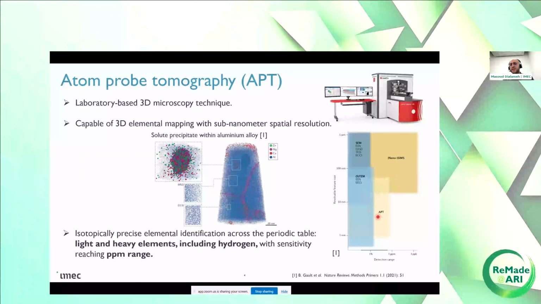If you compare detection sensitivity versus resolvable feature size, atom probe stands somewhere at the bottom right of the figure. In terms of spatial resolution, atom probe is quite close to transmission electron microscopy, though not as good, but the strength is in the detection range, the sensitivity of the technique, which can be orders of magnitude higher.